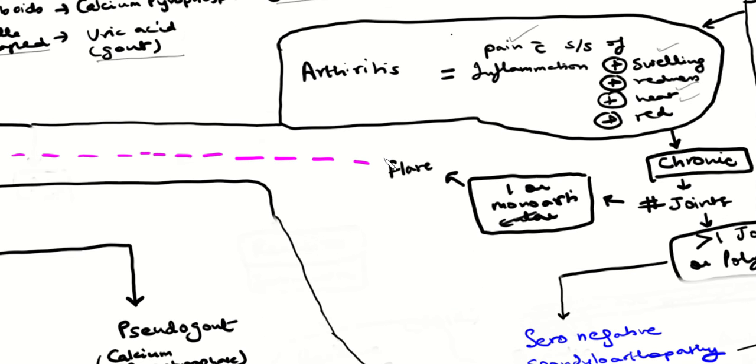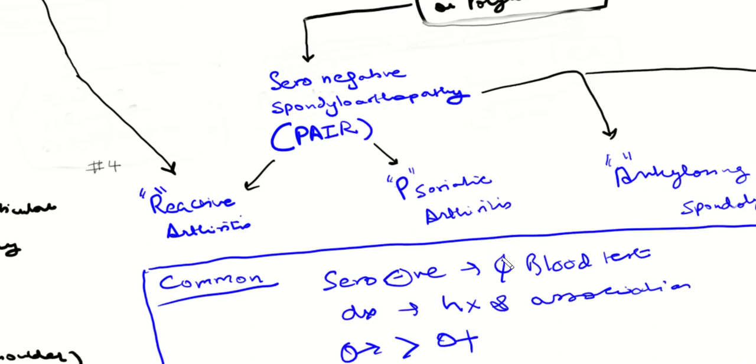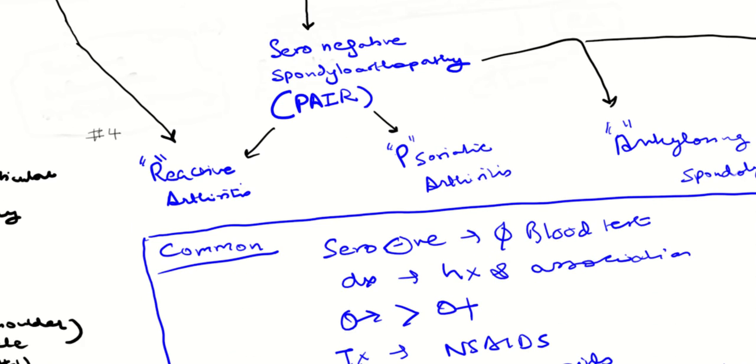Now, that's acute. Whenever they come in and they say, I've been having inflammation in these joints, but it's gone on for a while and it's happened in more than one joint, or multiple joints, or polyarticular, now you're thinking of other pathologies such as psoriatic arthritis, ankylosing spondylitis.